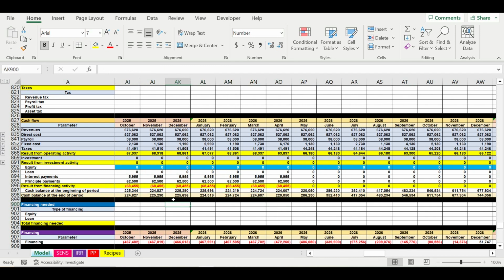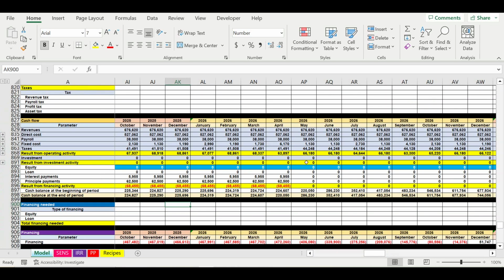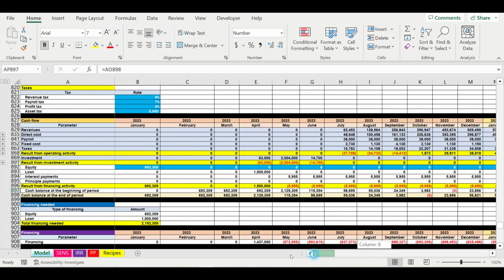Usually, looking first at the simple and discounted payback period, people notice that there may be a period when the cash flow is not growing, and then they dive into the cash flow and look at why the accumulated cash is not growing. This usually leads to rethinking of the business concept.